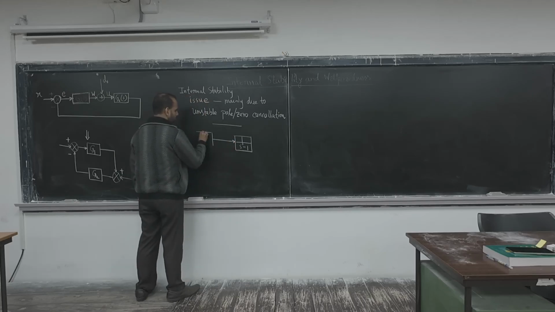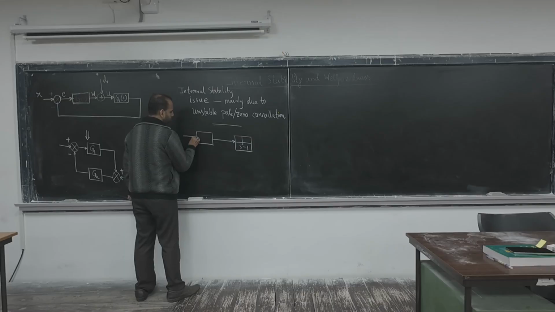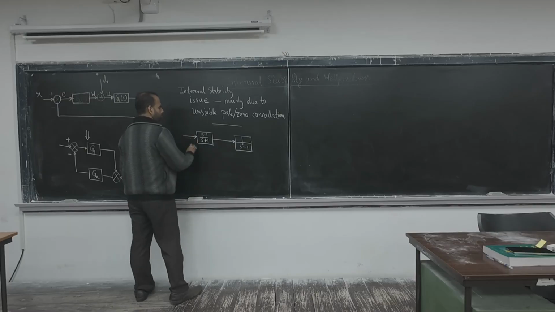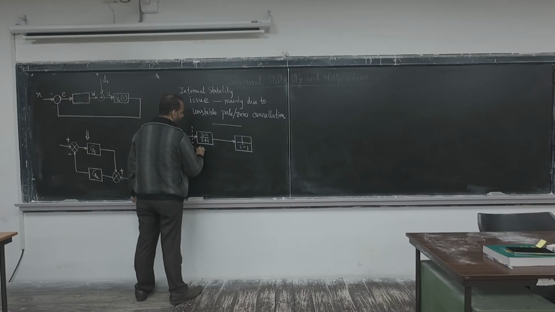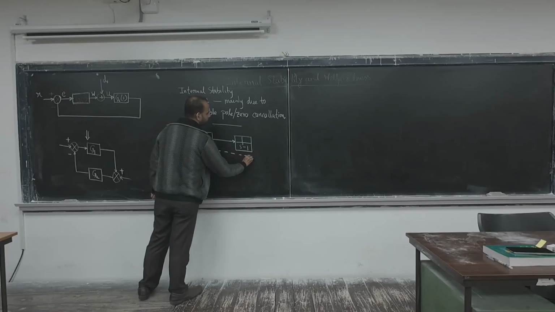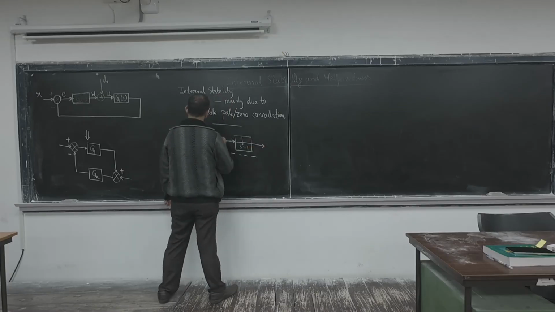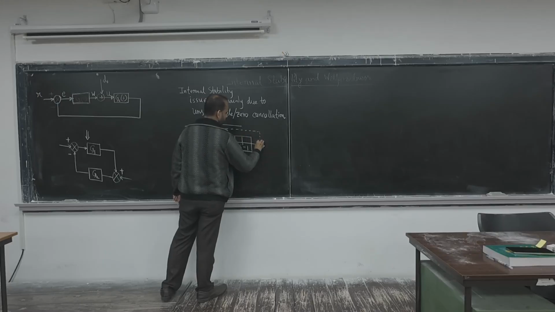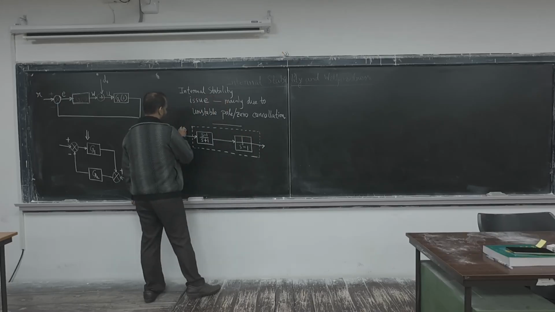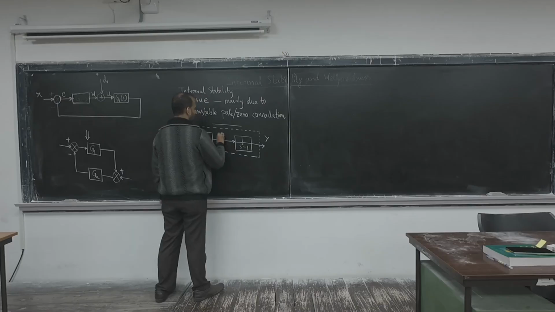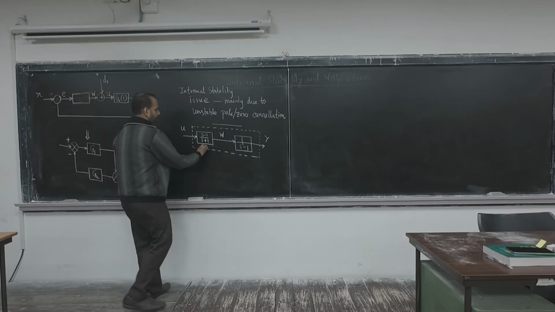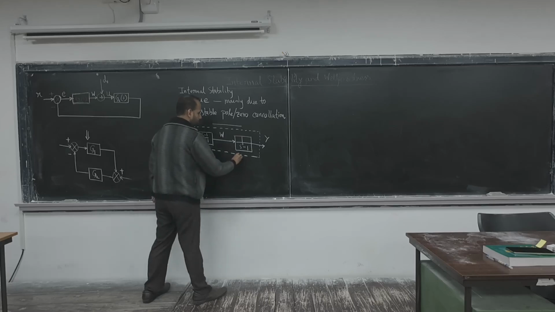Similar to asymptotic stability. If somebody asks you what is asymptotic stability, what generally do we say? For a dynamic system, like if you have x dot equals Ax, with x0 not equal to 0, then asymptotic stability means whether x goes to the origin as t tends to infinity, right? Here also the same thing, but here we don't have only one, we have two systems, right?